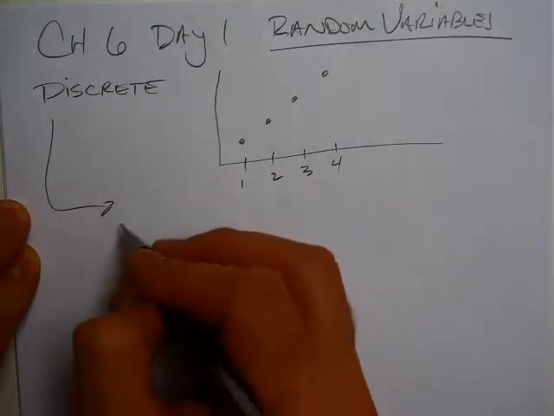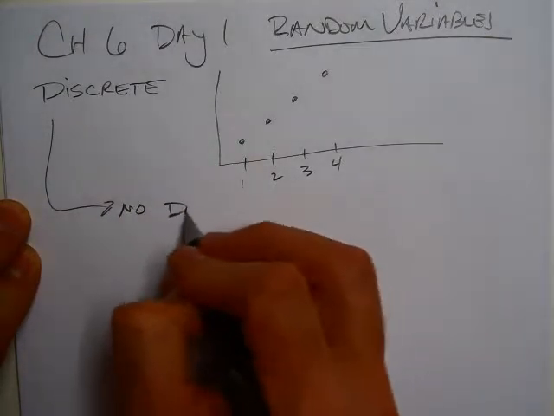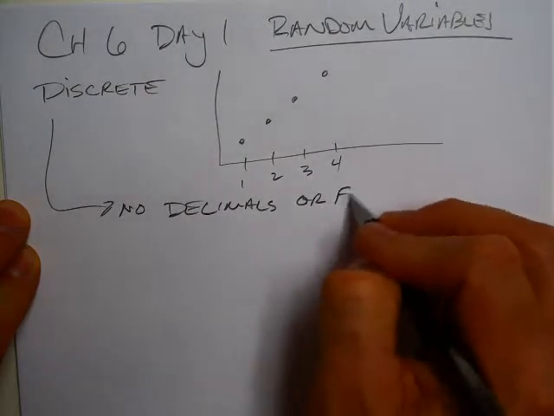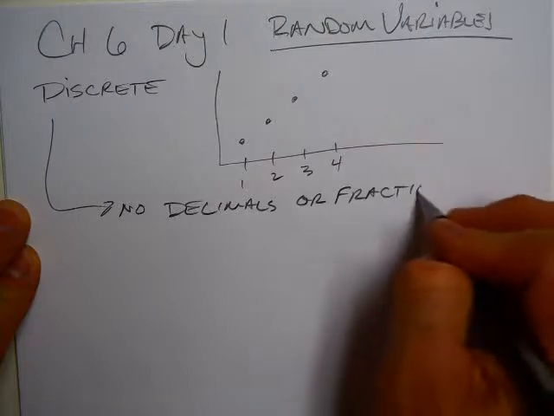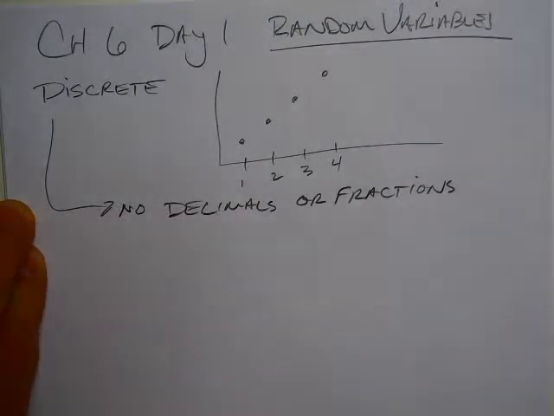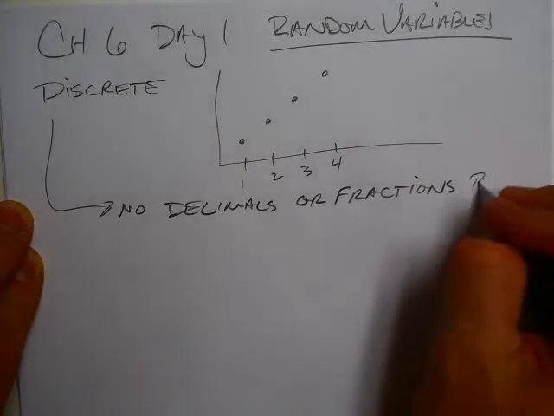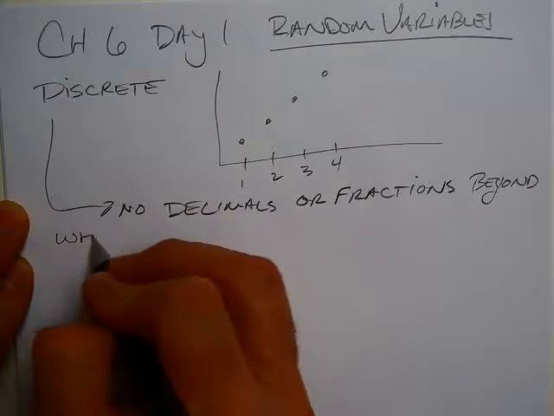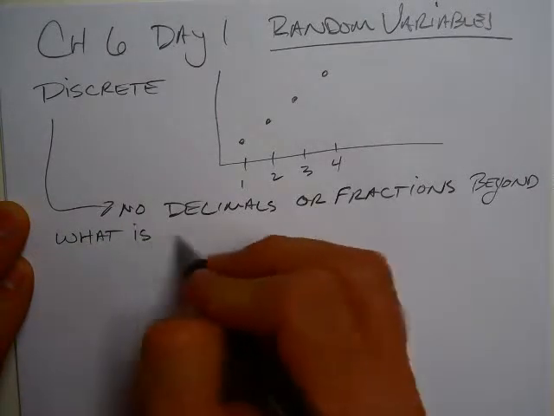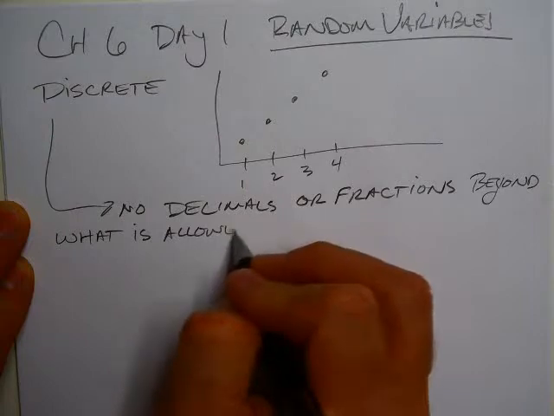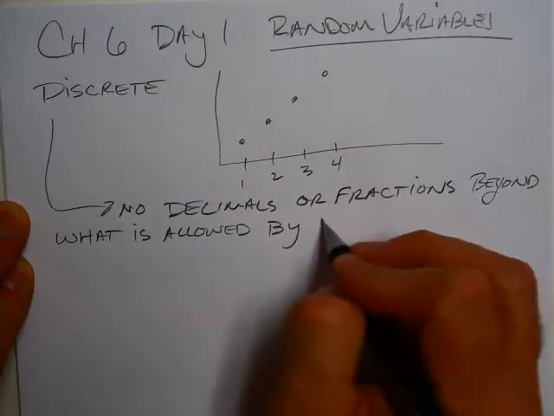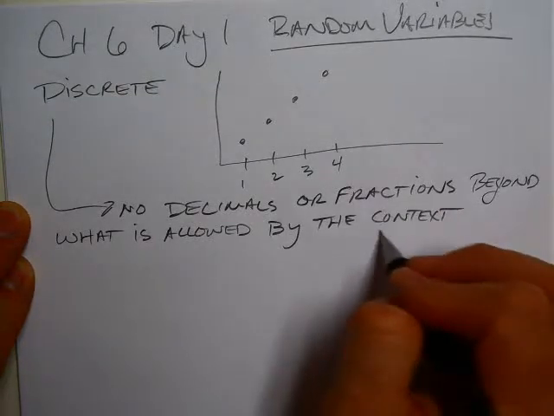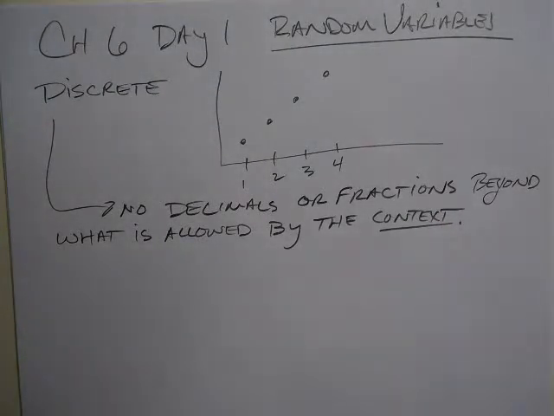So we have no decimals or fractions beyond what is allowed by the context. So context is key on this.